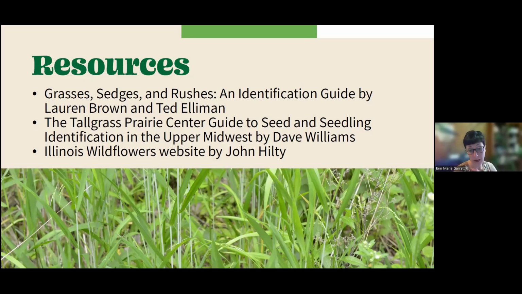And then the Illinois Wildflowers website is often my go-to, has more identification information than you would ever want. It is extremely thorough and has excellent descriptions of differences between these grasses and look-alike grasses. So highly recommend checking out that website. Again, doesn't have everything, but has a lot of different grasses, and then wildflowers and other plants as well.